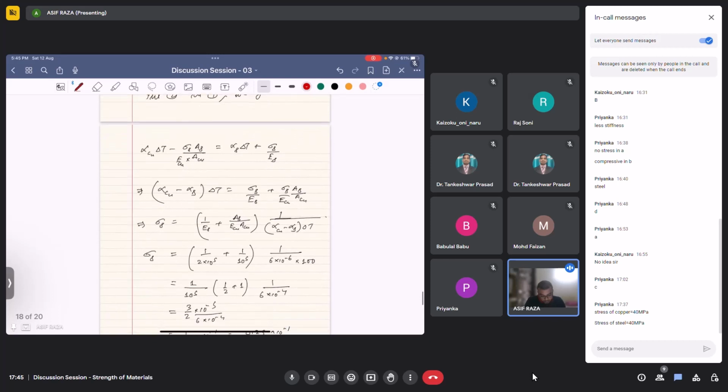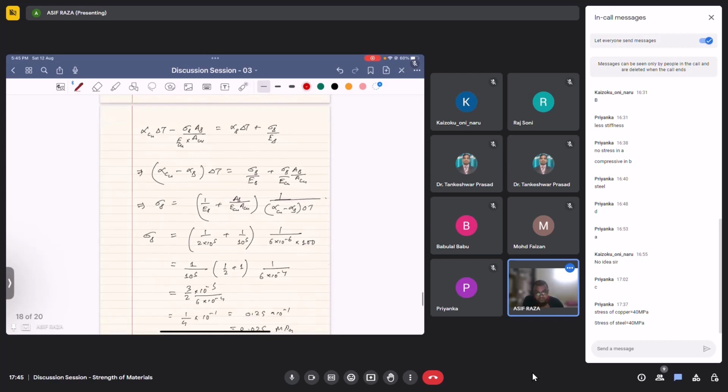Then 1 upon Cu plus 1 upon S, alpha Cu minus alpha S. The substitution I'm making is correct only.